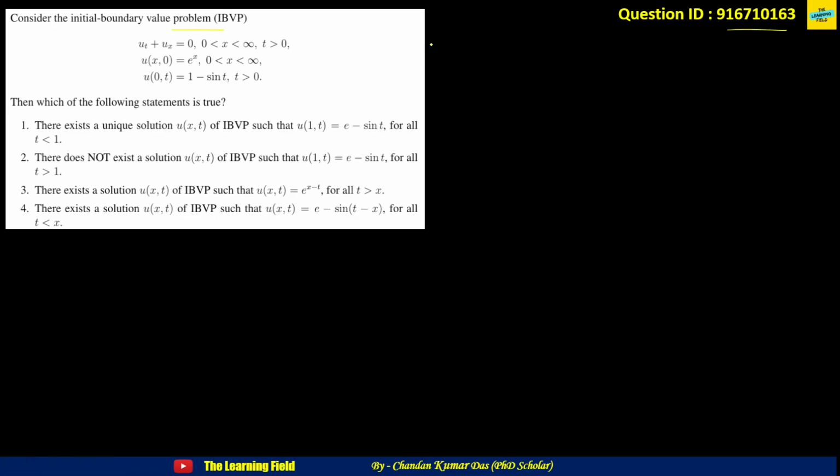First, we apply Lagrange's method to this problem. It is given that u_t + u_x = 0.